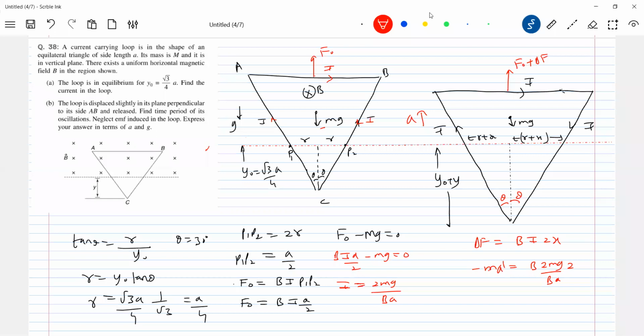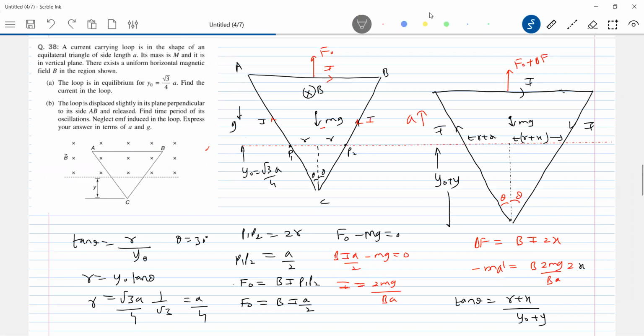How to bring x into the picture? Again, take tan theta. Now tan theta should be equal to r plus x by y naught plus y. Solve that. I'm just showing by another method, or else you can calculate F naught plus Fe minus mg there. It will get the error. So either of the things for you. So now solve these two.